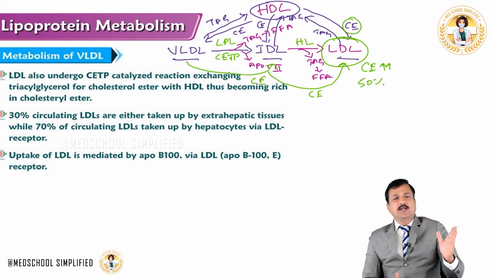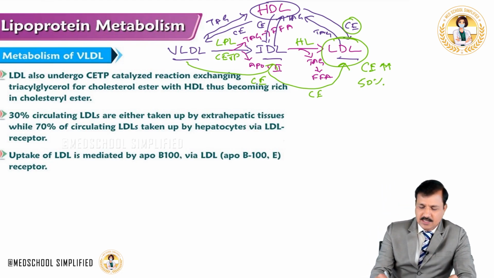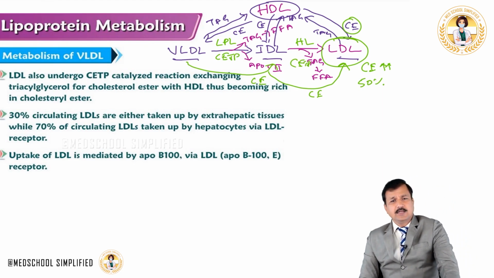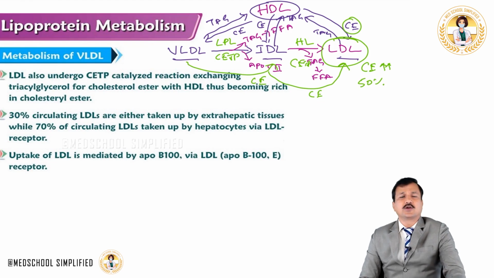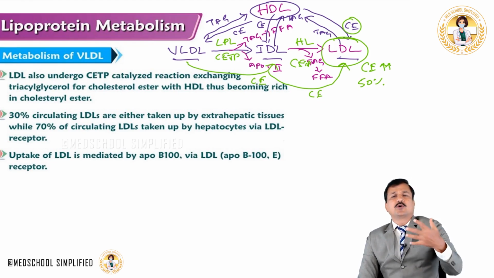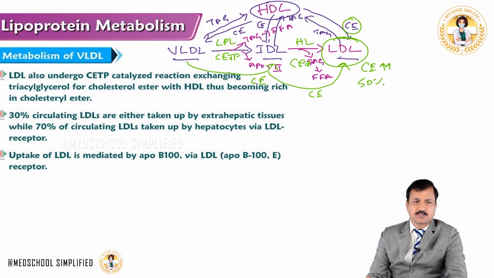LDL molecules. So VLDL undergoes metabolism with the help of lipoprotein lipase and cholesterol ester transfer protein to become IDL. IDL undergoes metabolism catalyzed by hepatic lipase and CETP to become LDL, and LDL further undergoes metabolism with the help of CETP to gain more and more cholesterol ester, and LDL becomes rich in cholesterol ester.